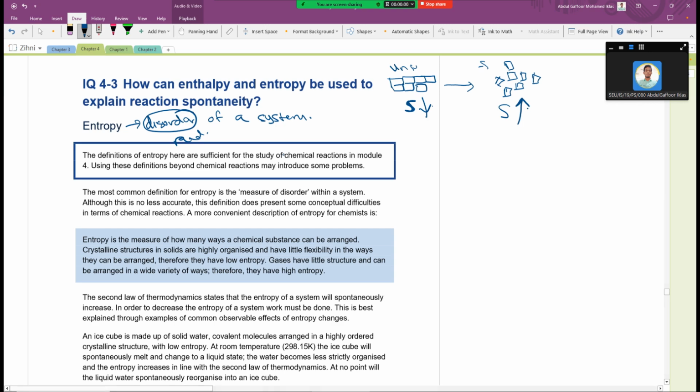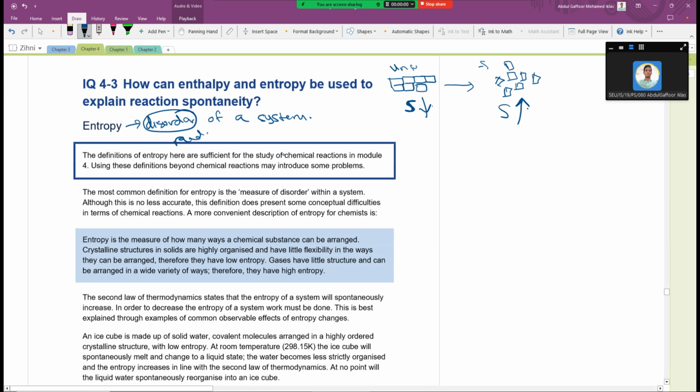So if you want to define the term entropy, entropy is a quantity related to thermodynamics that depicts the disorderness of a system, right? This is just the definition; you can write it in your own words. Can you repeat the definition of entropy in your own words, what you understood?